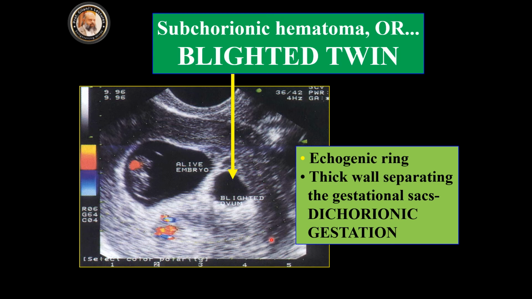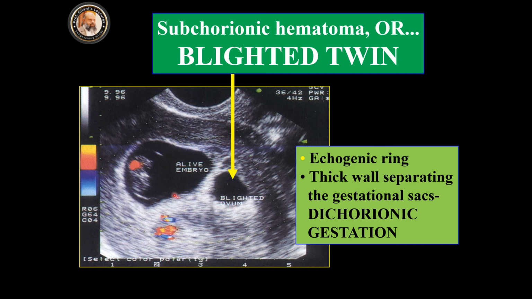Sometimes we have to differentiate between a subchorionic hematoma and a blighted ovum or blighted twin. For instance, if this is a twin pregnancy, we can have a live embryo, a normal intrauterine pregnancy, along with the blighted ovum, which is called a blighted twin.